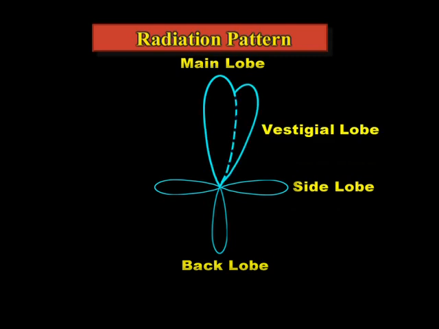Now, if you see from this animation, the signal is getting distributed in the space. It is having its angular distribution at a fixed radial distance, out of which one of the directions is having maximum signal. So, the direction which is having the maximum signal, that is called the main lobe.